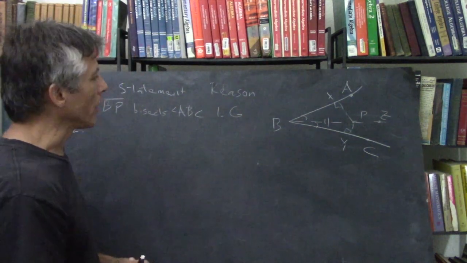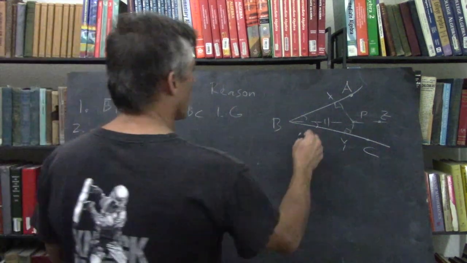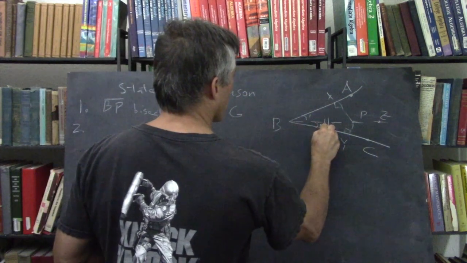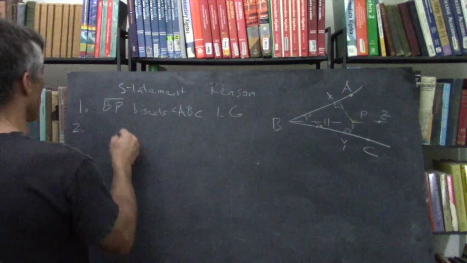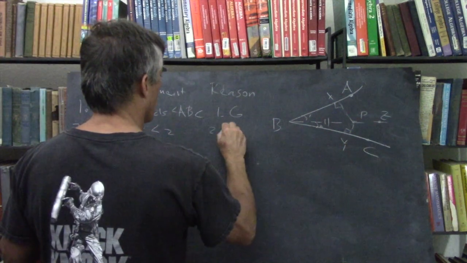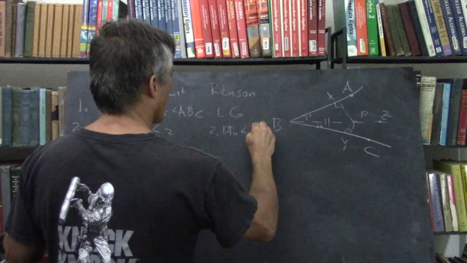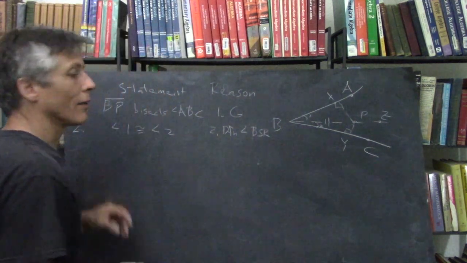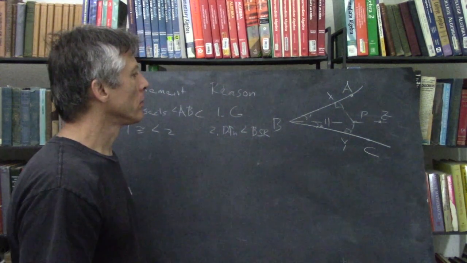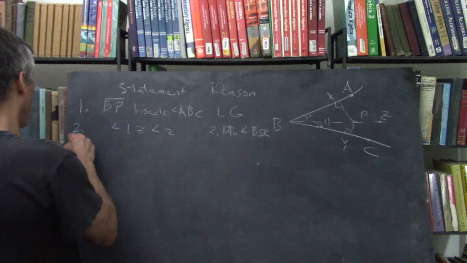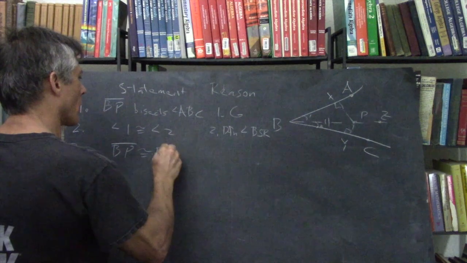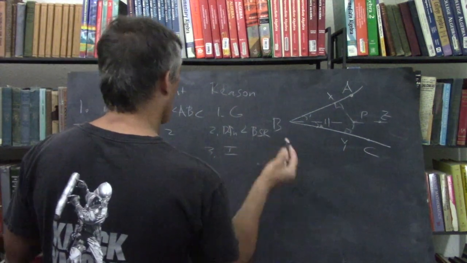And then by definition of angle bisector, remember we know that angle 1 and angle 2, 1 and 2 are congruent. Definition of angle bisector. And we know BP is congruent to itself. Identity.